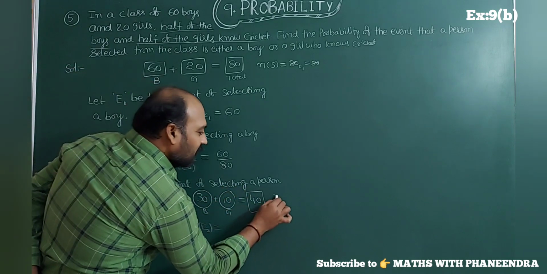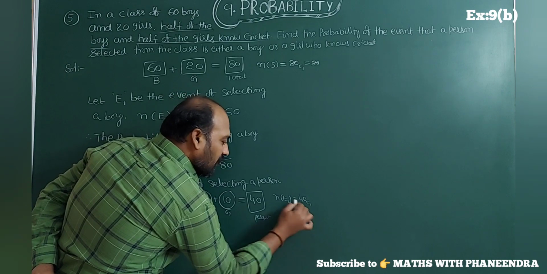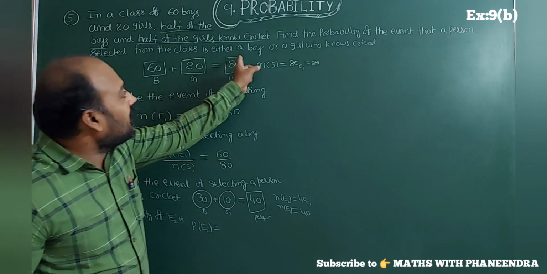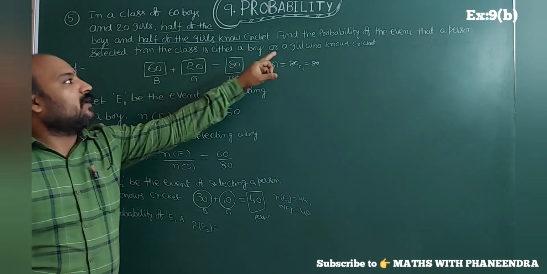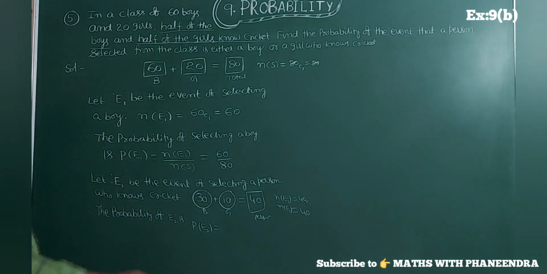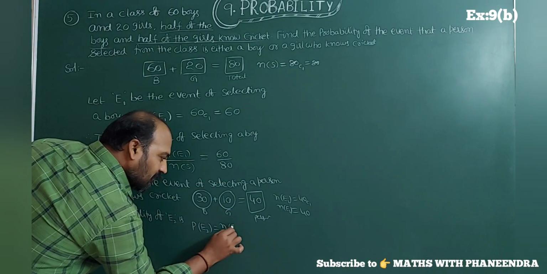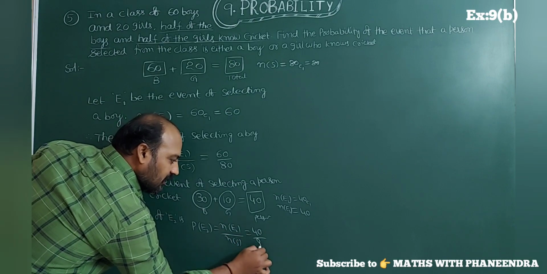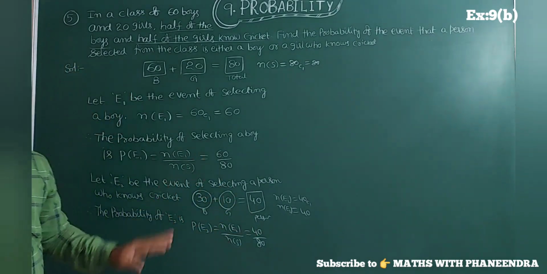Here only we can write it. N of E2 is equal to 40 C1, that is equal to 40. Out of 40 persons only, here they mentioned clearly, either a boy or a girl who knows cricket, from the person especially. So P of E2 is equal to N of E2 by N of S. So that is equal to 40 by 80. You don't cancel it, you can leave it like this.